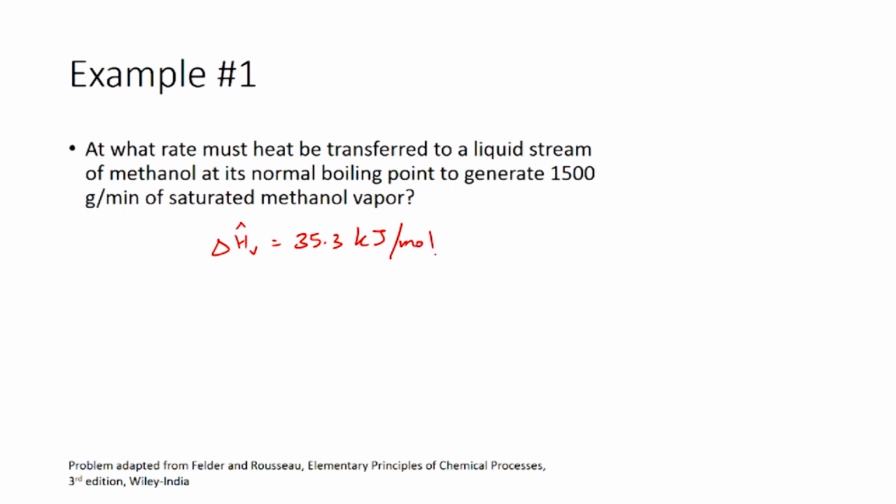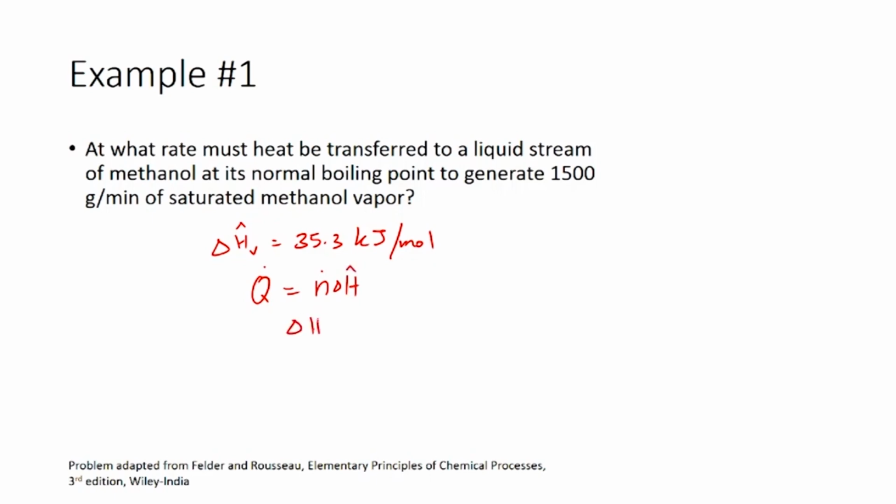So, we have the mass flow rate for methanol. We would have to convert that into molar flow rate, and we can use this heat of vaporization to calculate the amount of heat required. This is an open system, which would mean the equation for heat transfer would be Q dot equals N dot delta H cap.